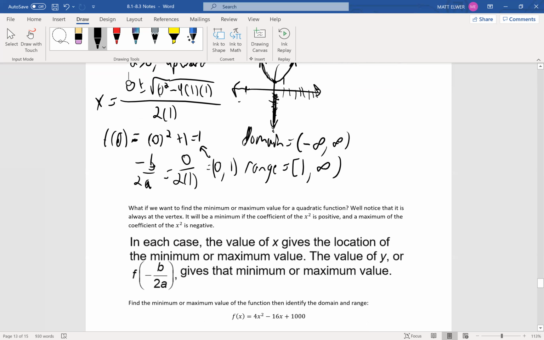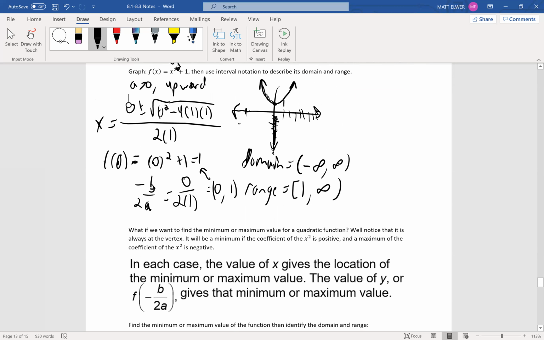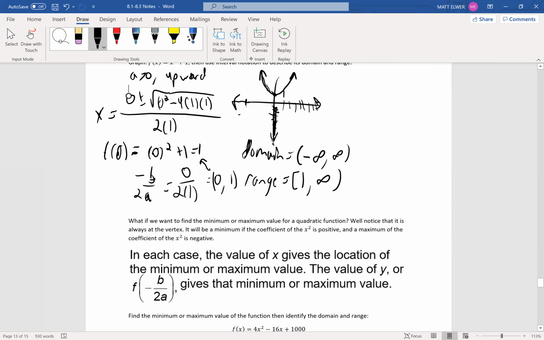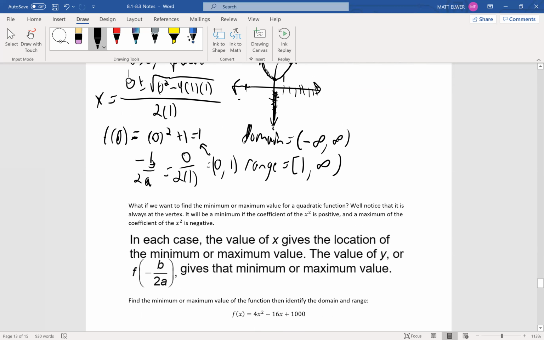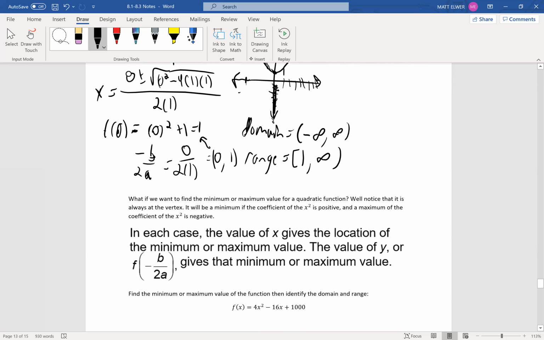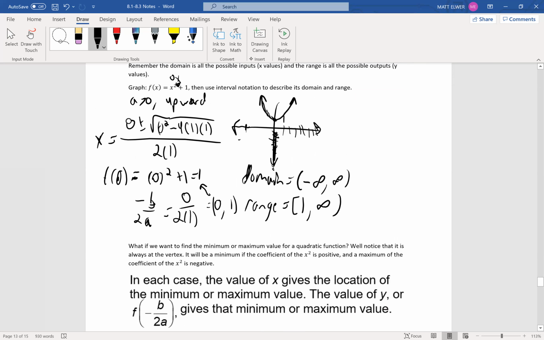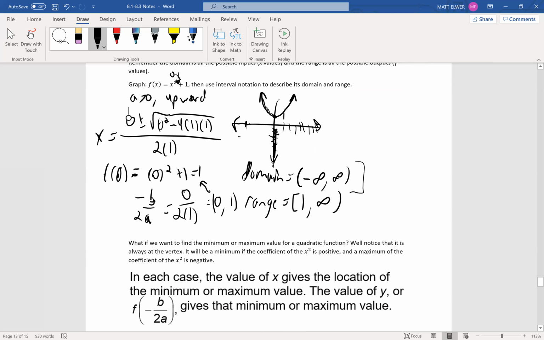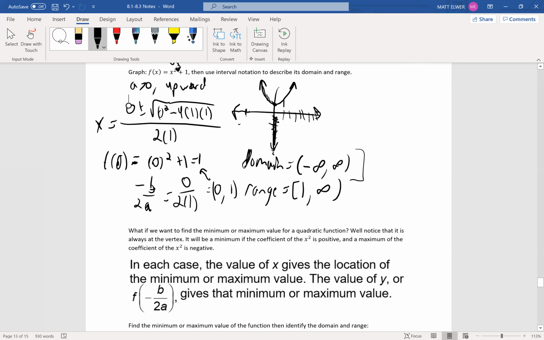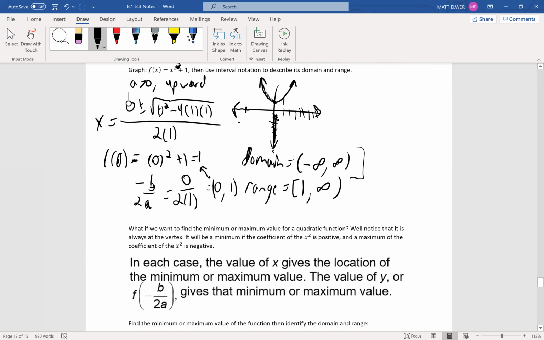So one more special thing that we can do here, and maybe it'll make it a little bit easier to look at what my range can be, is that I can look at minimum and maximum values. Whenever I have a quadratic, my domain should always be negative infinity all the way up to infinity, right? But my range is limited to wherever my vertex is, right?